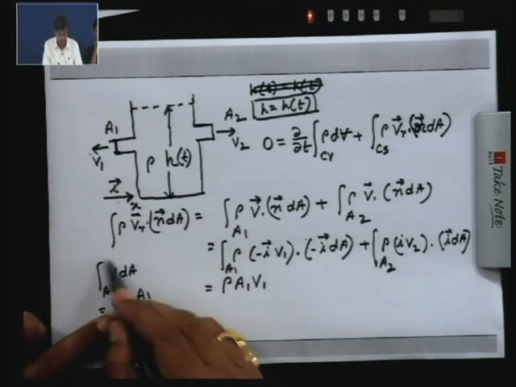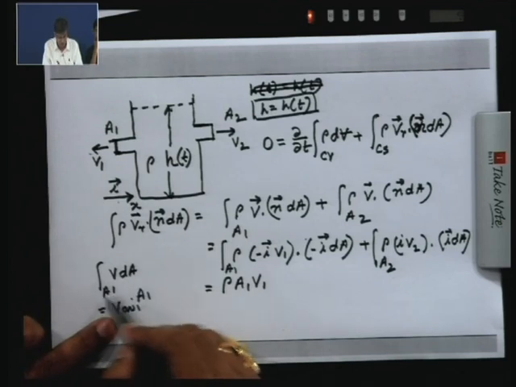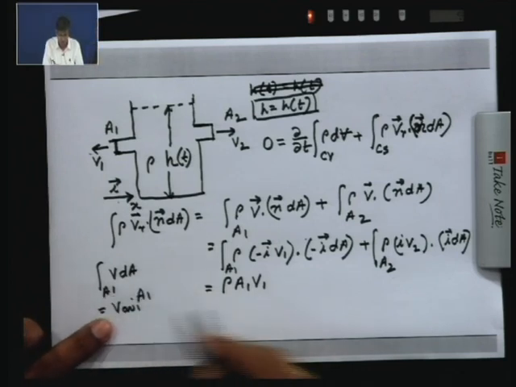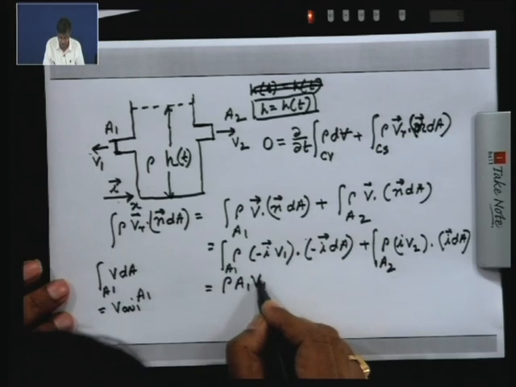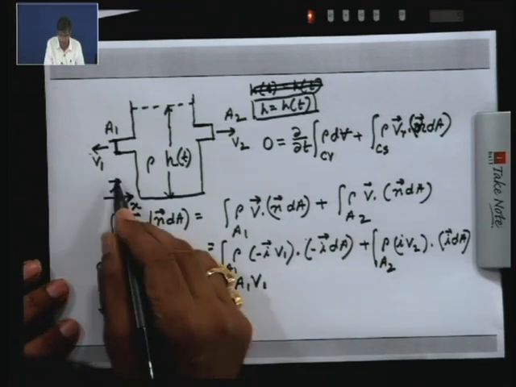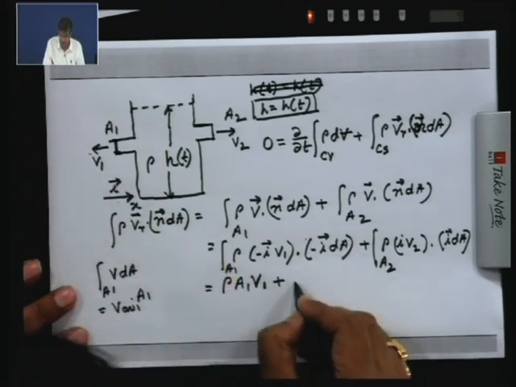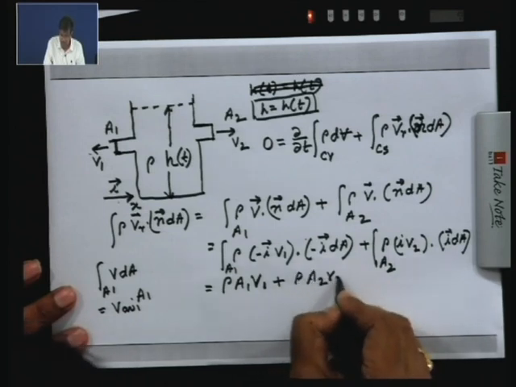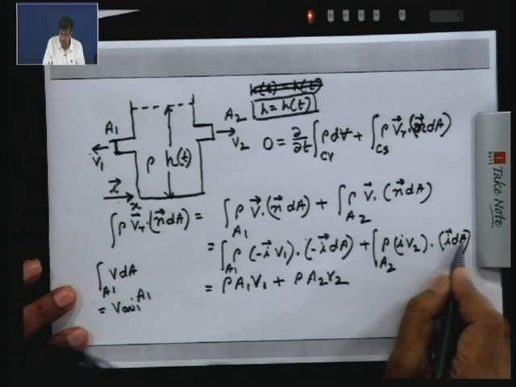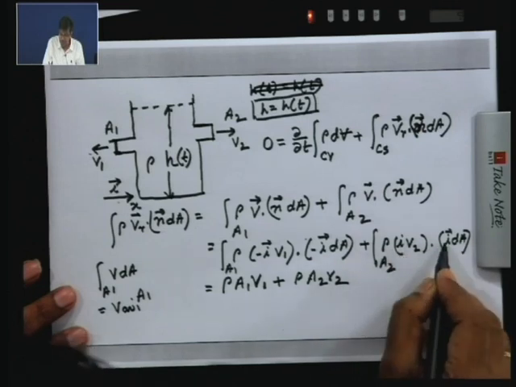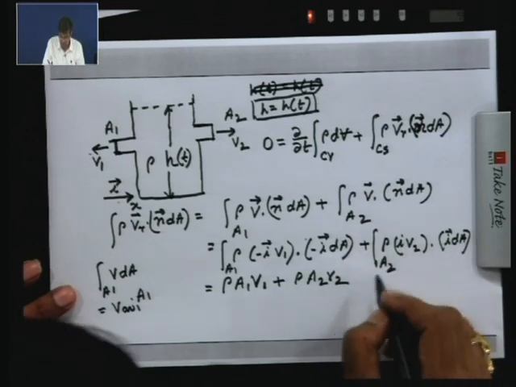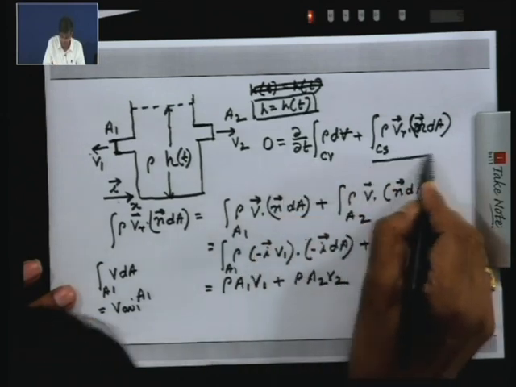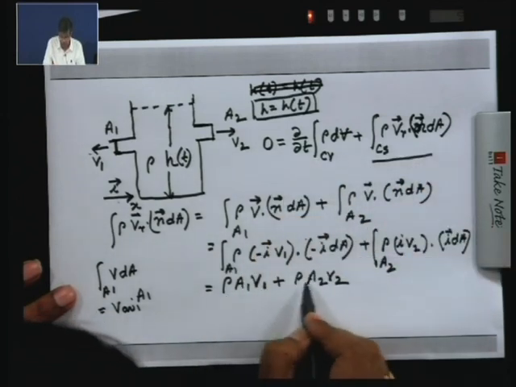The V average is the integral of V dA over A1 divided by the total area A1. So we can write it both in terms of average velocity or uniform velocity; here it is given as uniform. Similarly, the other case gives rho A2 V2. Therefore, this is rho A1 V1 plus rho A2 V2.